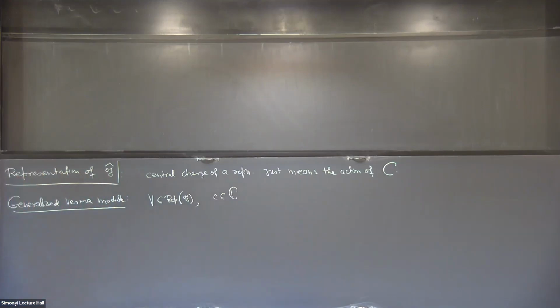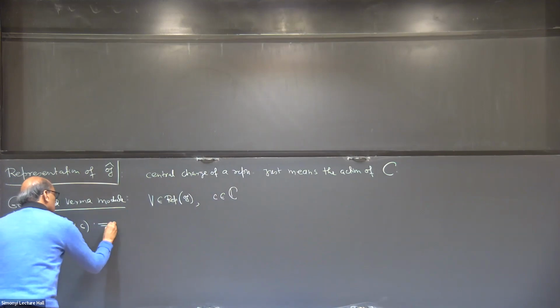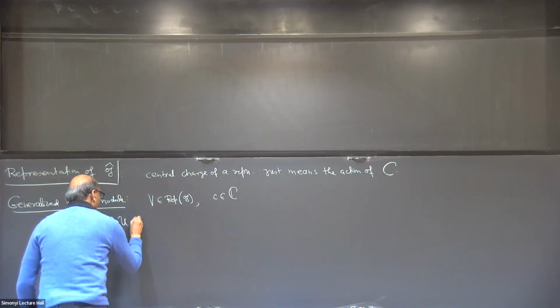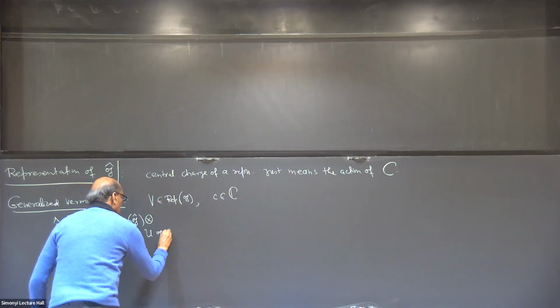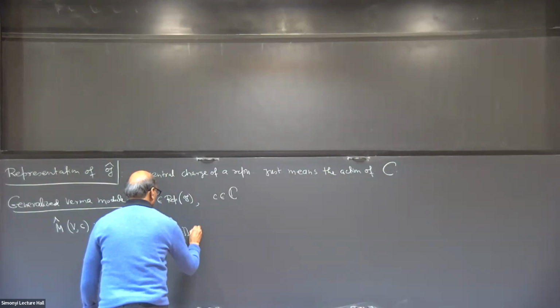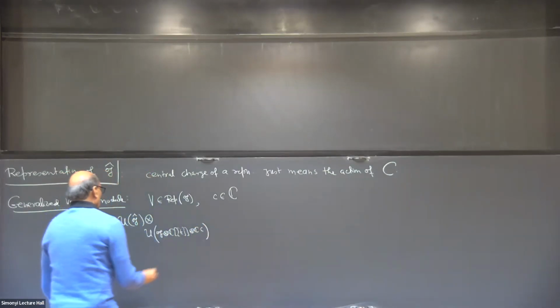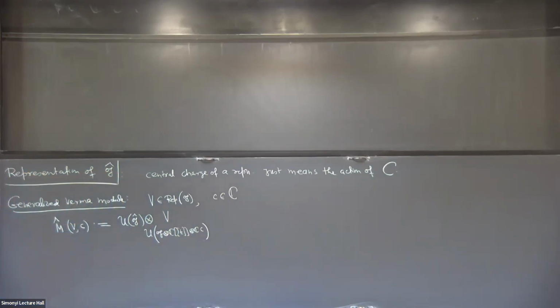That is going to be the central charge. Then I'm going to define this generalized Verma module, which depends on V and C, and this is just the induced representation from U of G hat, U of the subalgebra, tensor V, and I have to explain how this acts.